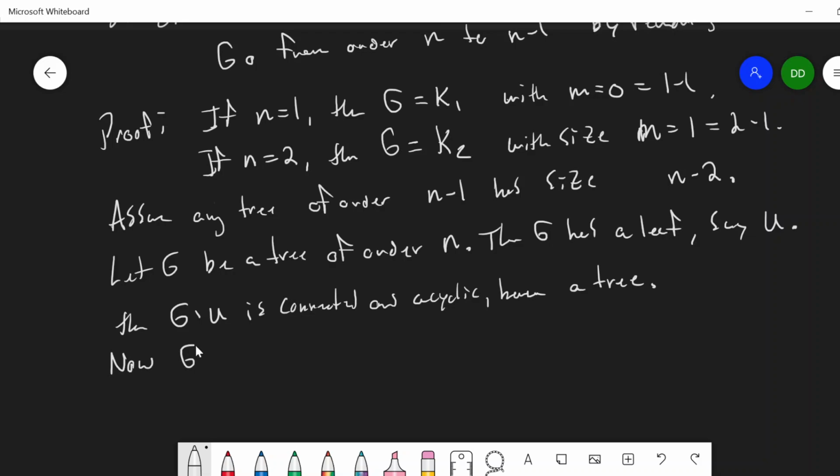Now, G minus u has order n minus 1. By our induction hypothesis, it has size n minus 2.